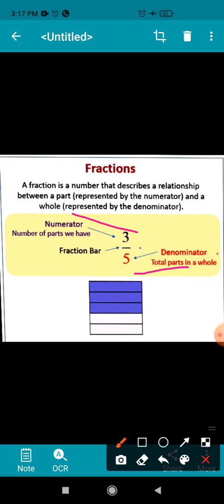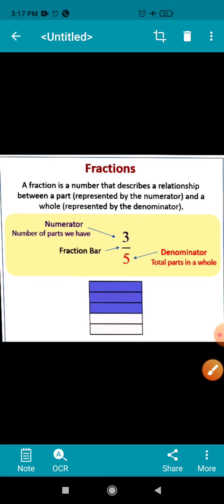Numerator indicates the parts, and the denominator indicates the total parts in a whole. And these numerator and denominator are separated by fraction bar, or you can say division line, right?